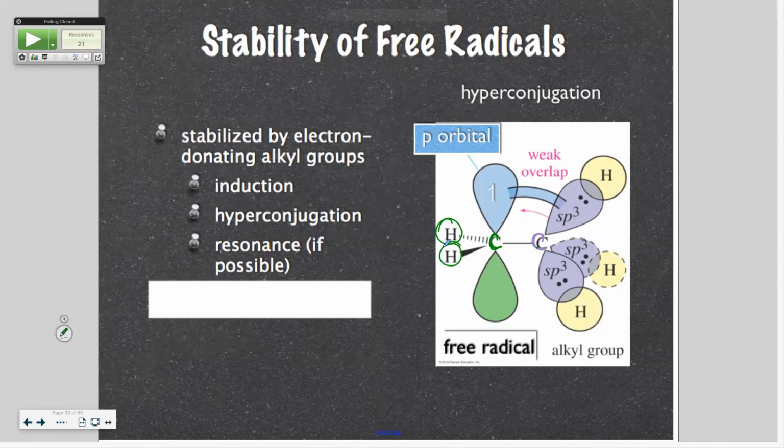That's your alkyl group that is donating electron density into here to help stabilize that free radical. Free radicals are trigonal planar. Up here, it's hard to see, you have an sp2 hybridization, and in that p orbital is your free electron.